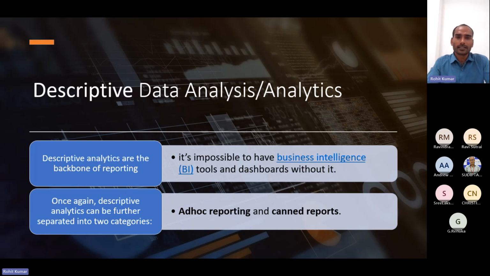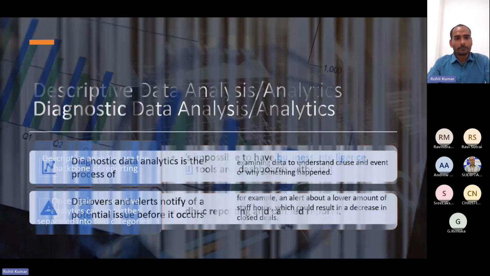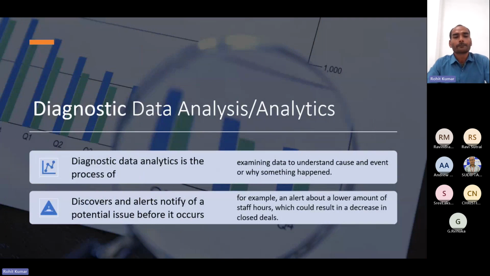If you go to the village side, most of the predictions and analysis are done like this only. They don't have any sophisticated tools or techniques. Just on an ad hoc sense, they do some sort of prediction, some sort of analysis, and that's ad hoc sensing.